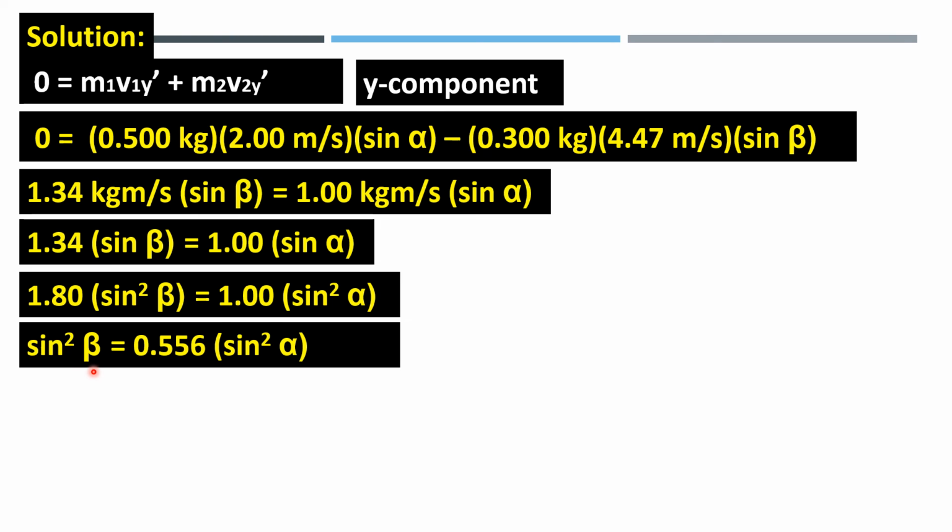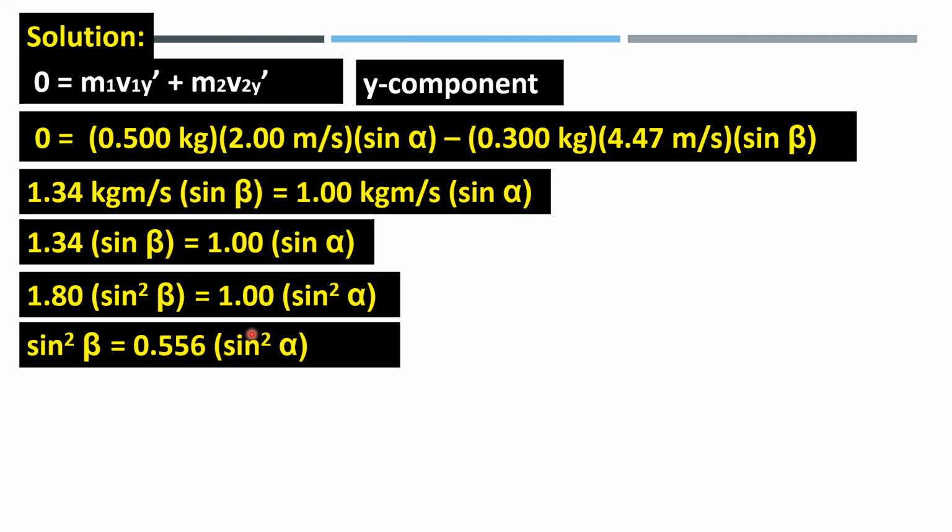So that equation is further simplified by dividing the whole thing by 1.80. That will allow us to isolate sine squared beta and put it on the left side by dividing the whole thing by 1.8. And if we divide 1 by 1.8, that's how we got 0.556.